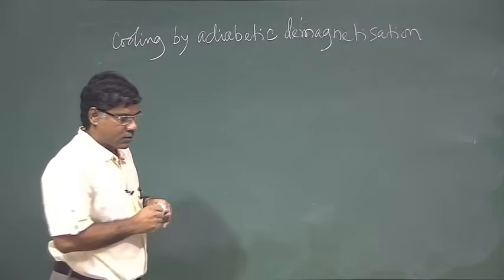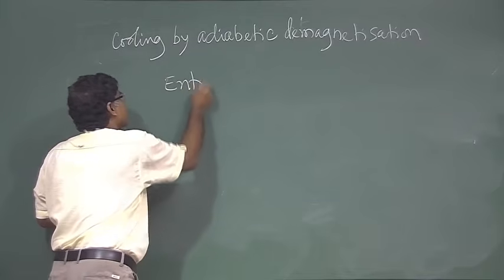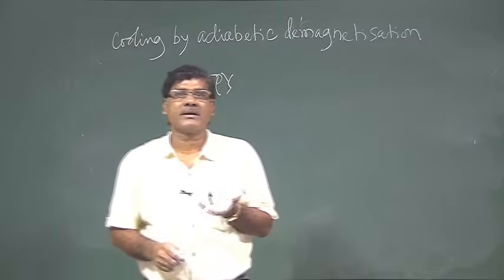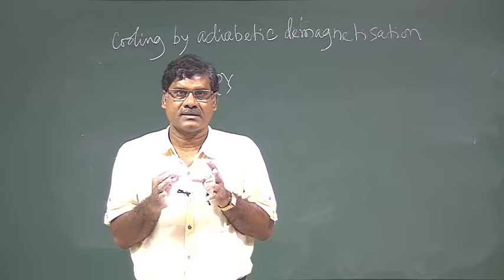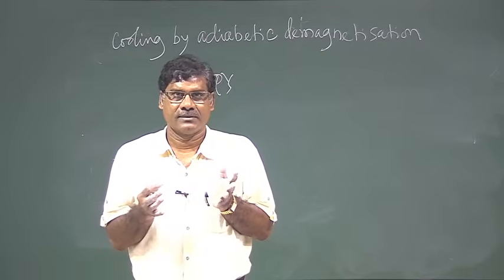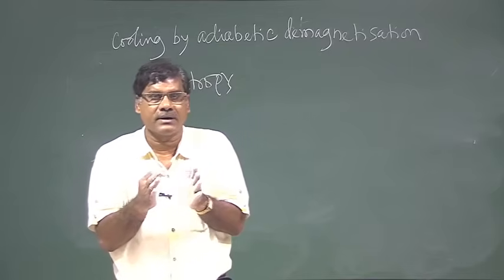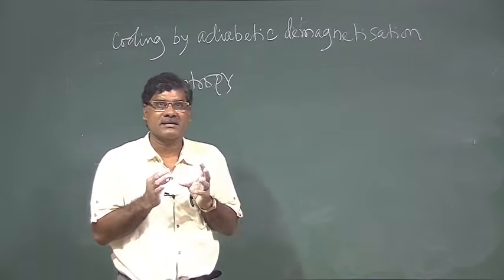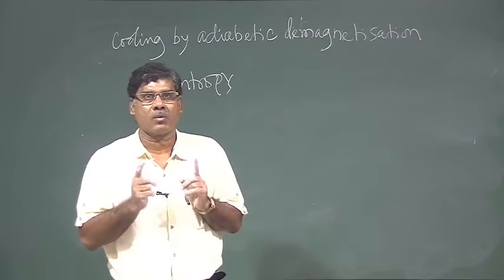So, what happens, you know, the entropy is the measurement of the disorderness. For any system, if it is disordered, then its entropy is higher. If it is ordered, its entropy is lower. Okay. So, I have a magnetic system, a paramagnetic system. This paramagnetic system has dipole moments.